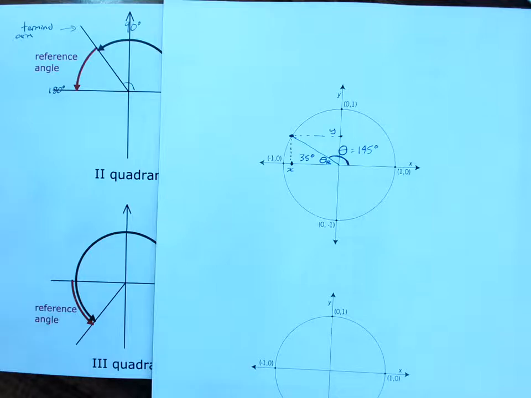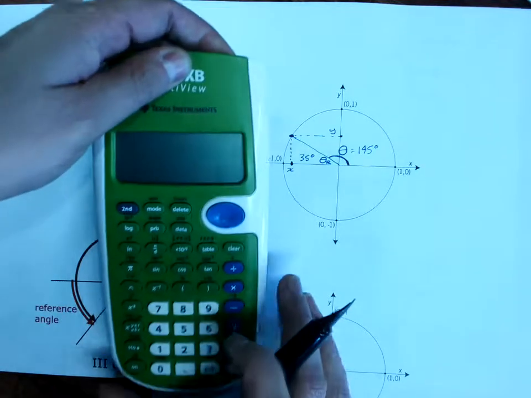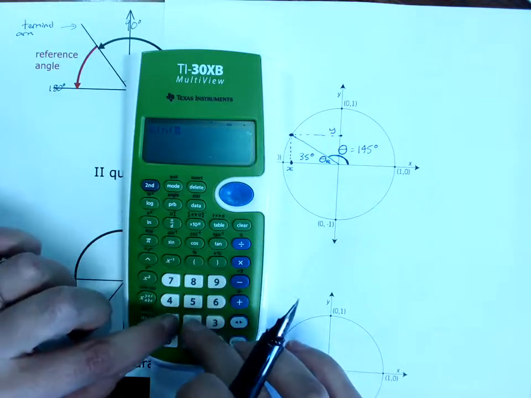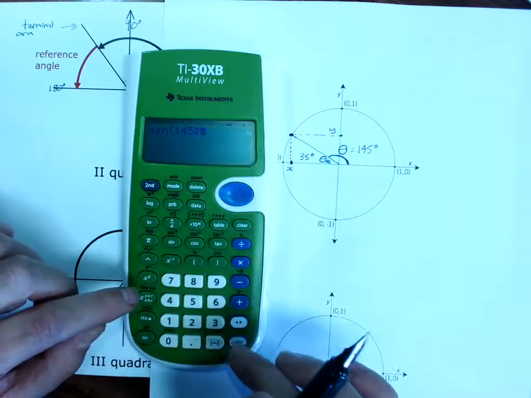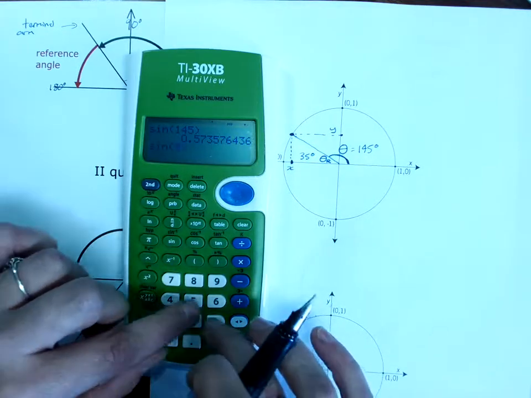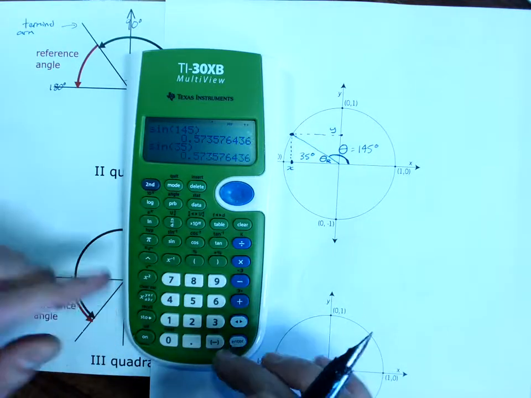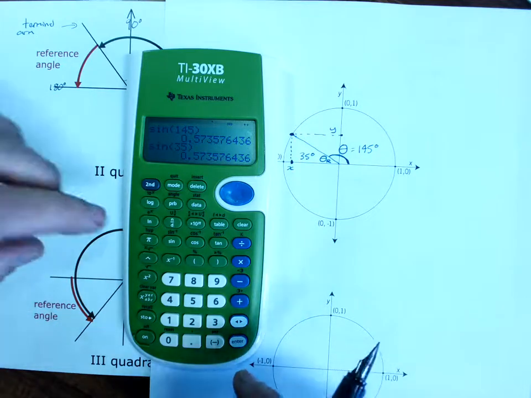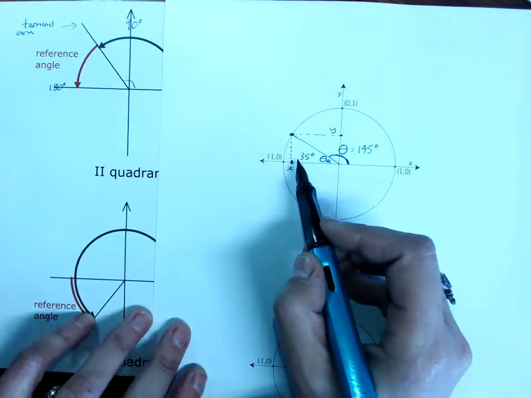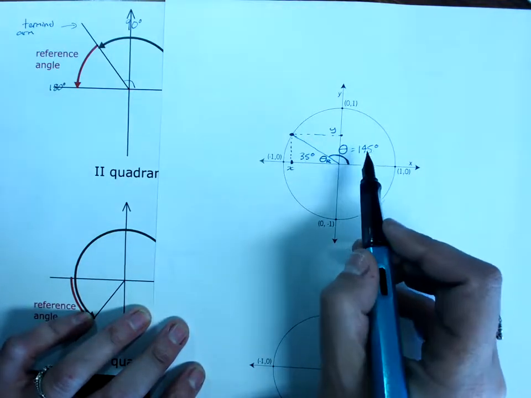And if you grab your calculator, sine of 145 compared to sine of 35, we get the same answer. So we can use the reference angle to get the answer for an obtuse angle.